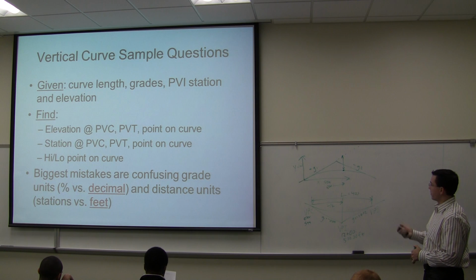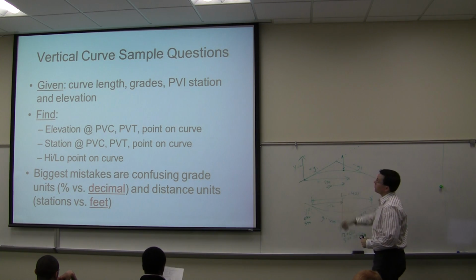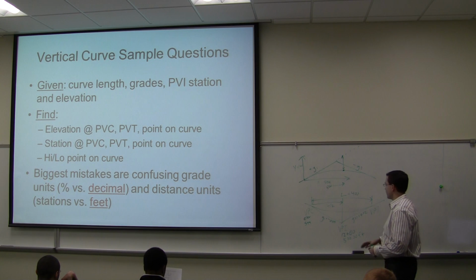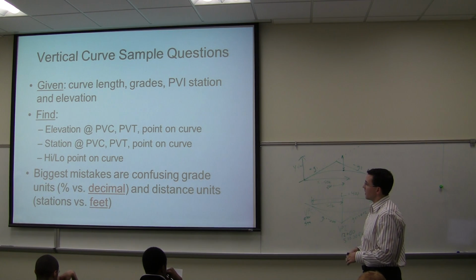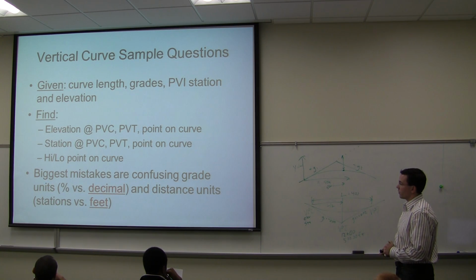But assuming for the purposes of these calculations you're given a curve length, they're always going to give you the grades G1 and G2. They're going to give you the VPI station and elevation. Even if they don't give it to you and ask you to back calculate them, hopefully you can figure that out. So they're going to ask you to find the elevation of the VPC, VPT, and a point on the curve, the station at the VPC, VPT, and point on the curve, as well as the high-low point on the curve.